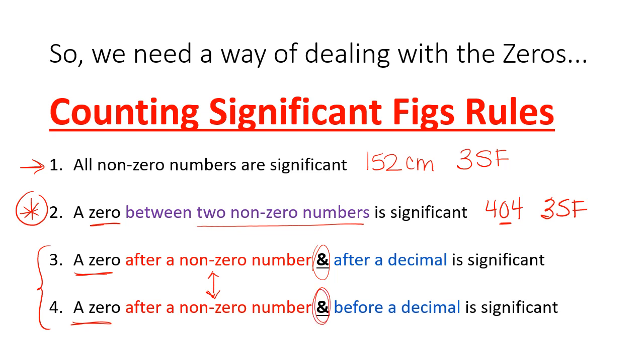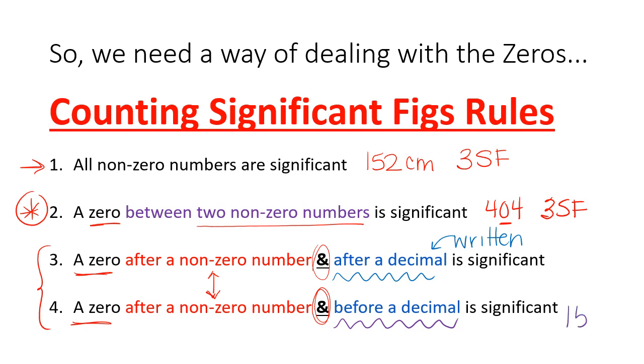It's got to be after a non-zero number and meet this other qualification. So one of the qualifications could be after a decimal, and that is after a decimal that is written, not one that is assumed. We don't assume a decimal in science. Or one that is before a decimal.